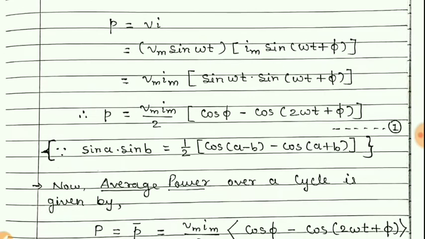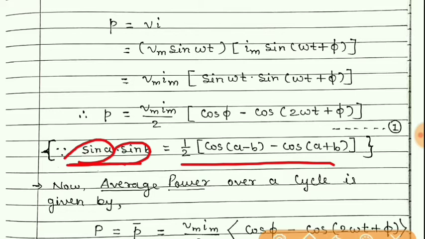Now applying this formula of trigonometry, sin A into sin B is equal to 1 by 2 in bracket cos(A minus B) minus cos(A plus B).